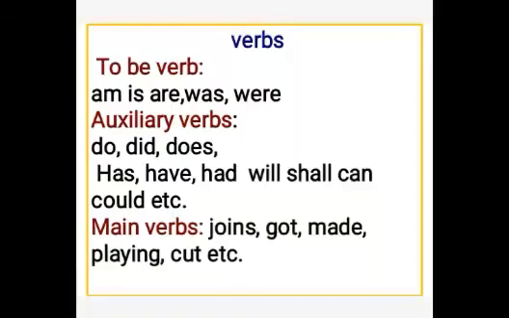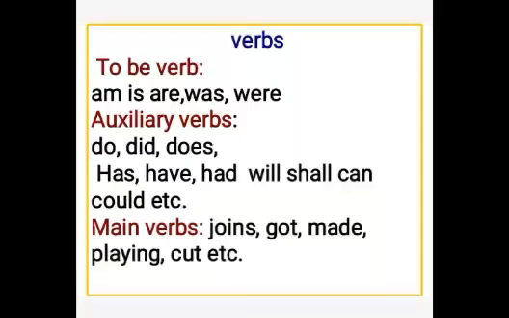Auxiliary verbs are do, did, does, has, have, had, will, shall, can, could, etc. Main verb forms are different: joins, got, made, V1, V2, V3, playing, cut, etc. It is very important to recognize the verb in the sentence.